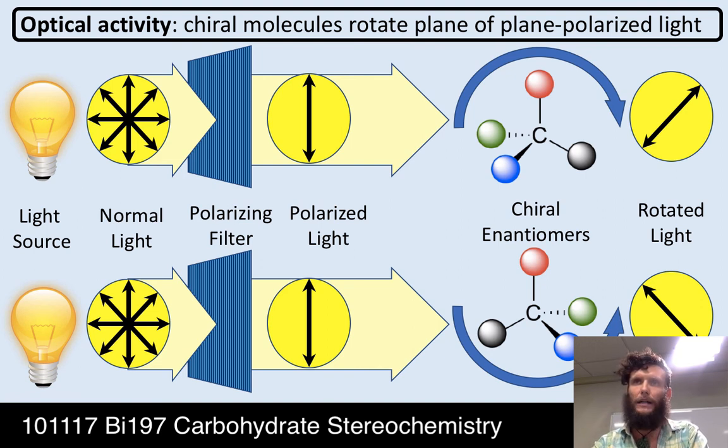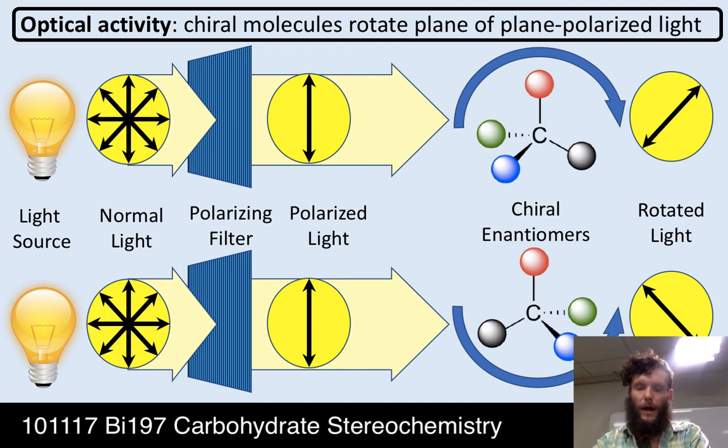All right, so we polarize the light that's coming through, and as that polarized light passes over a chiral molecule, it's going to bend the light in one direction, depending upon the molecular particulars of the red, green, blue, and black substituents around that chiral center. Say it bends that light by 20 degrees.